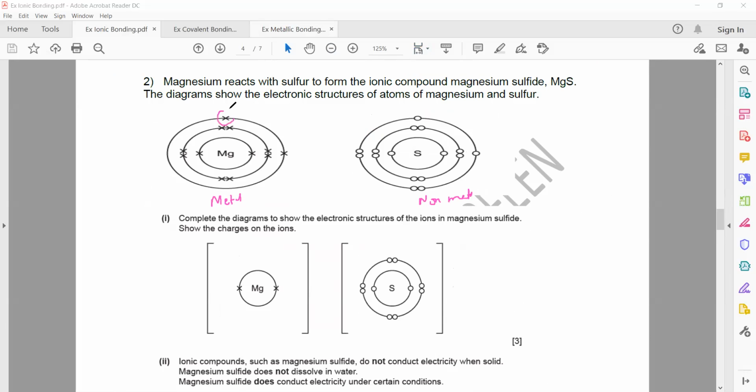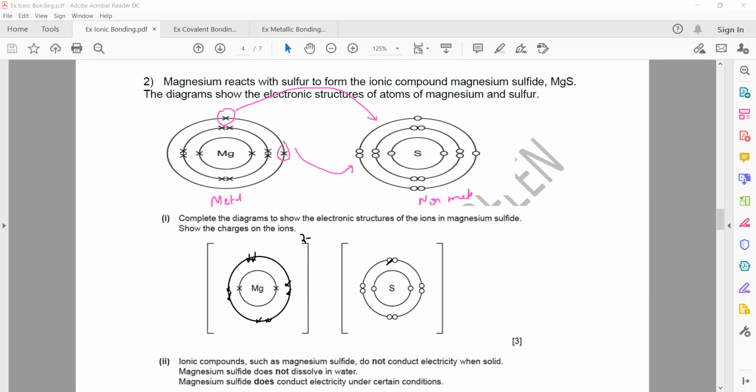There are 2 electrons in the magnesium outer shell, so it will lose both electrons to sulfur. With 2 electrons already in the first shell, how many electrons will be in the second shell? It will have 8 electrons. The last shell is empty because metals tend to lose all their valence electrons to form a bond. And the charge will be 2 plus.